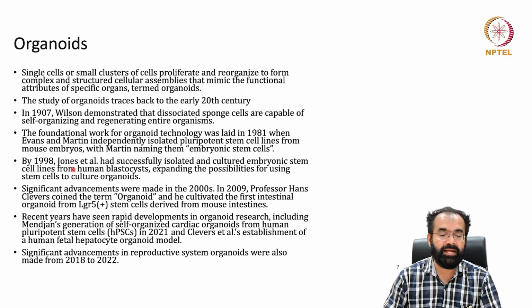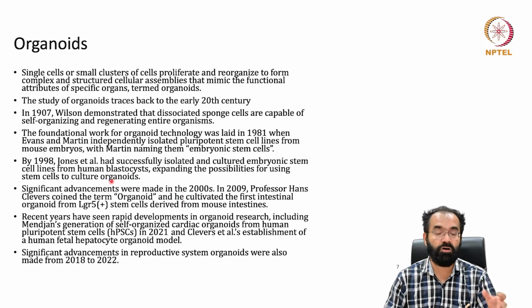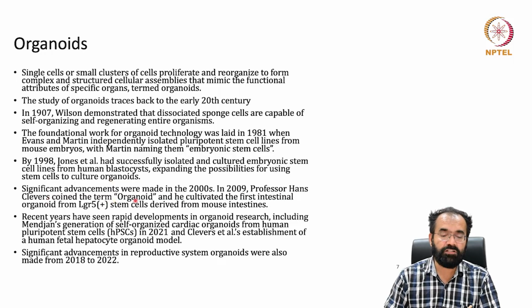By 1998, Thomson et al. had successfully isolated and cultured embryonic stem cell lines from human blastocysts, expanding the possibilities of using stem cells to culture organoids. Significant advancements were made in the year 2000, 2009, etc. when Professor Hans Clevers coined the term organoid, and he cultivated the first intestinal organoid from LGR5 plus stem cells derived from mouse intestine. He used a mouse model.